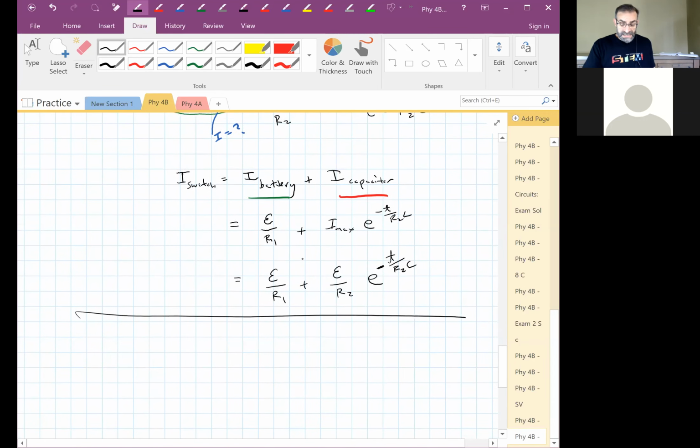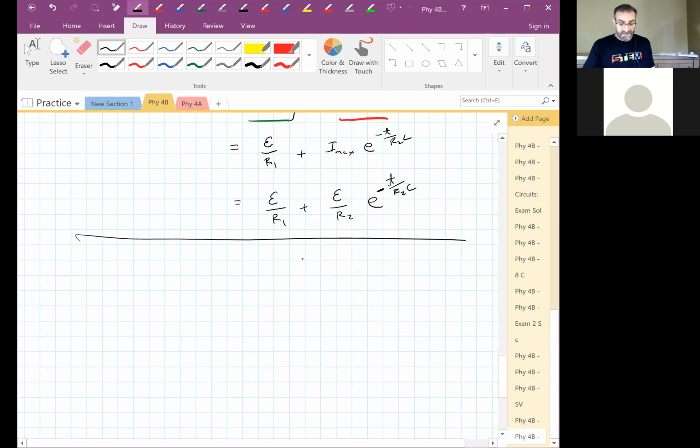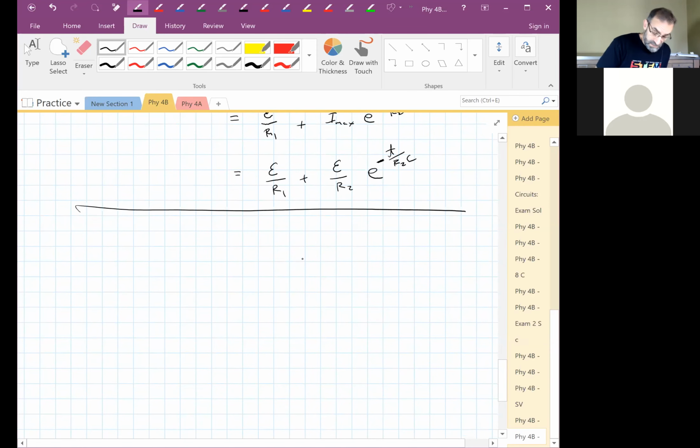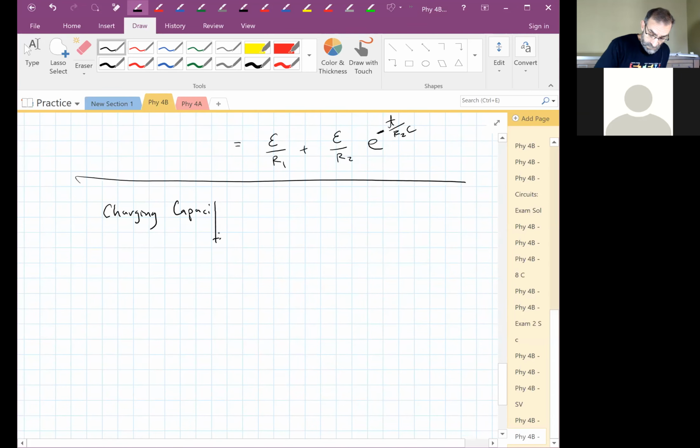But the formula is the same for current, right? Here we have charging. Charging capacitor.